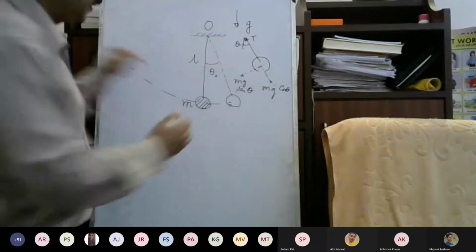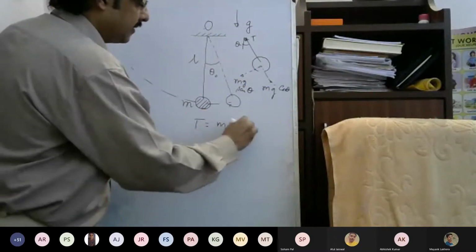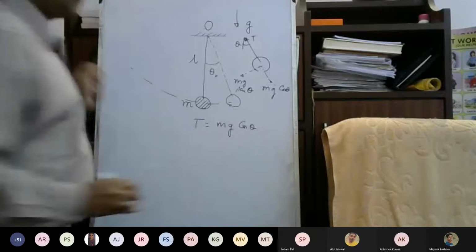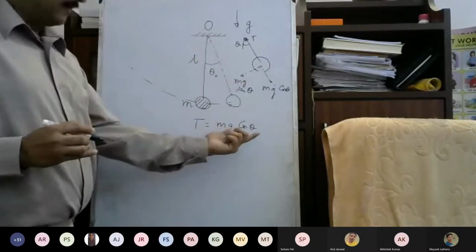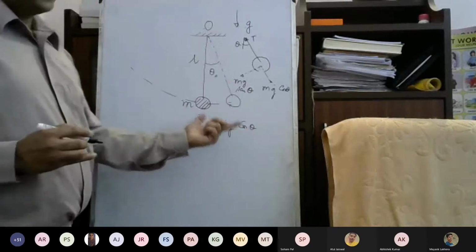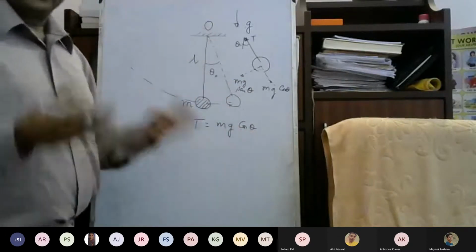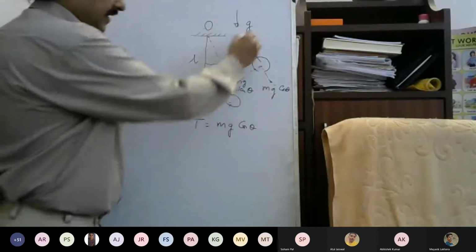This is adjusted. So T will be equal to mg cosine theta. Of course, when the body moves at a different angle theta, the string tension will be different. But it is going to be adjusted. The string tension will be different at different points. This is not the important thing, the string tension.